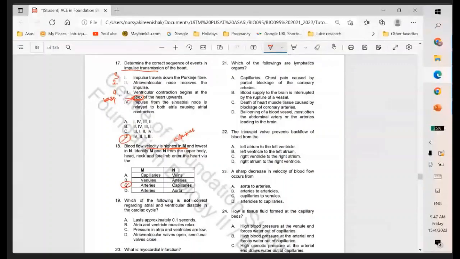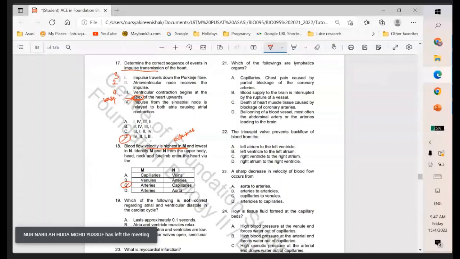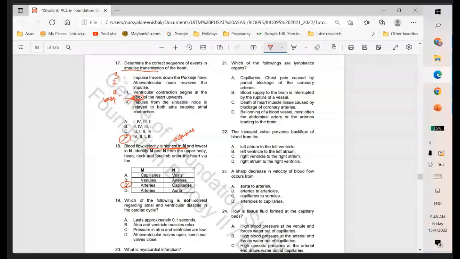Okay, so betul lah. So dia punya yang paling clue yang paling obvious adalah blood velocity lah. Obviously the artery will allow blood to flow with high velocity sebab darah tu baru keluar daripada jantung kan. So darah yang baru keluar daripada jantung enters into the aorta and then enters into the artery with high velocity. Okay, high velocity.